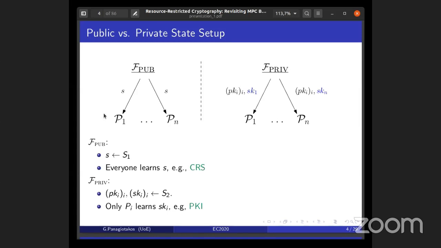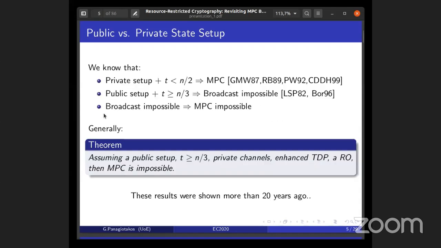You can think of the PKI as an example, where not everyone learns the secret keys of parties. Obviously, public state setup is a weaker assumption than a private state setup. And this has been nicely highlighted in the MPC literature.